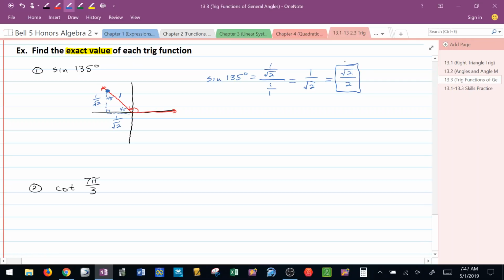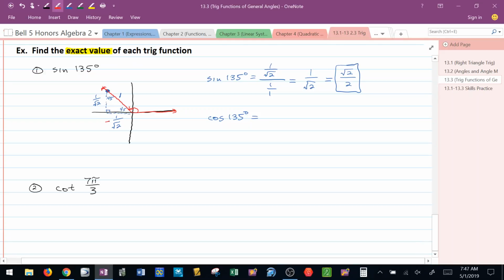What you got to be careful of, guys, would be, for example, if I were to have asked you for the cosine of 135. Now, remember, I didn't ask you this, but here's what you got to be careful of. If I look at the cosine, even though we know this x value here is 1 over the square root of 2, it's really negative. Why?